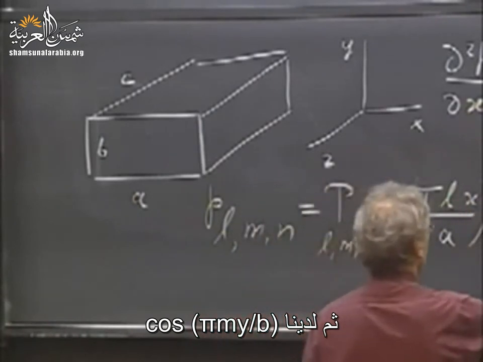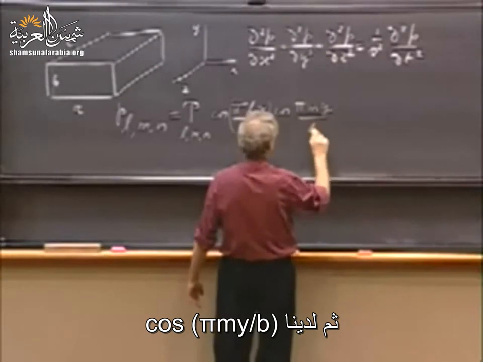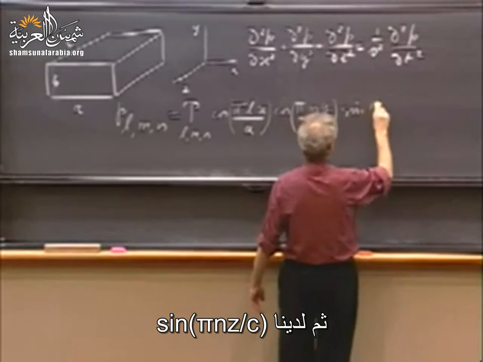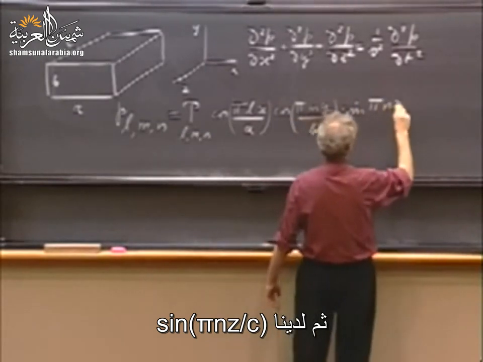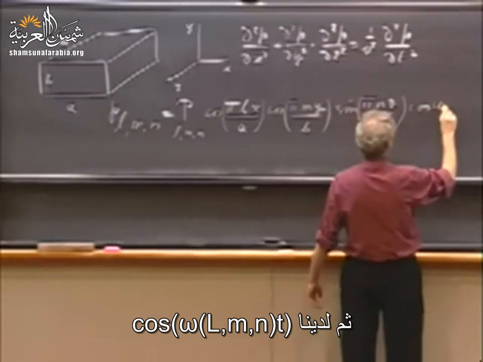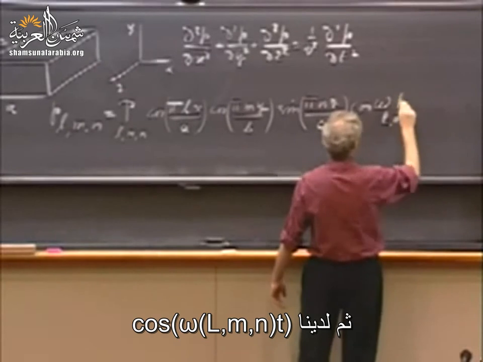And then I get the cosine of pi times Mary times y divided by b. And then I get the sine of pi times Nancy times z divided by c. And then I get the cosine of omega L, M, N times t.